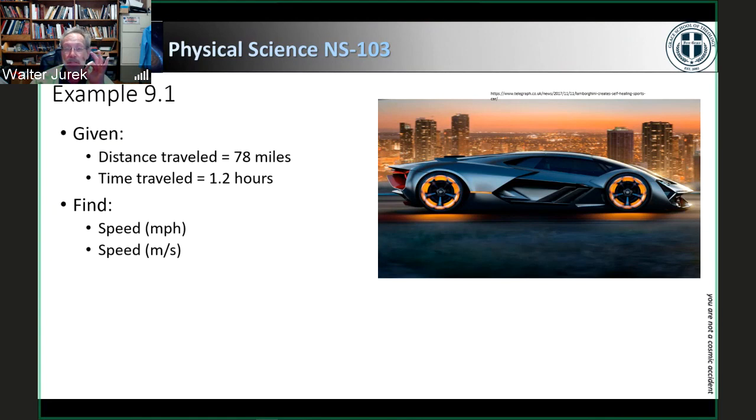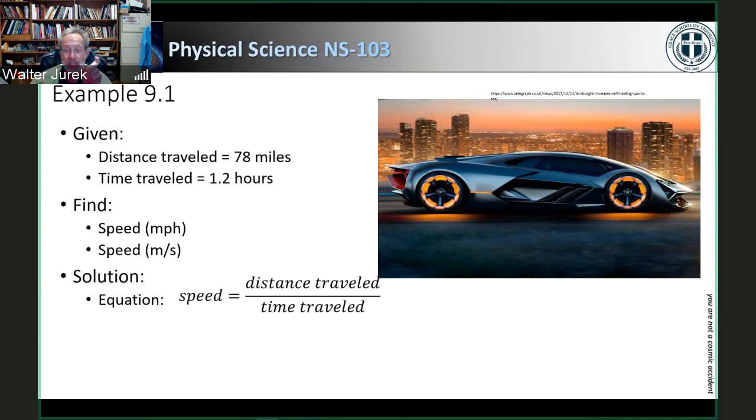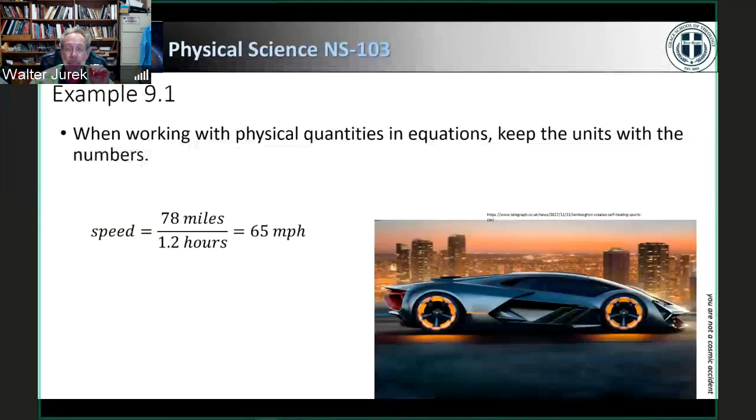Well, remember the definition of speed. It's the distance traveled divided by how much time it took to travel that distance. So in this case, we take our 78 miles, which was the distance, divided by our 1.2 hours.